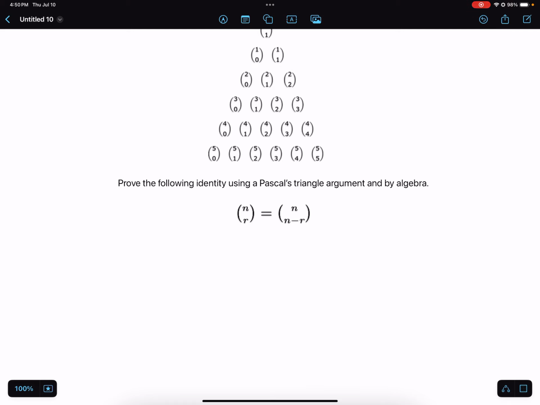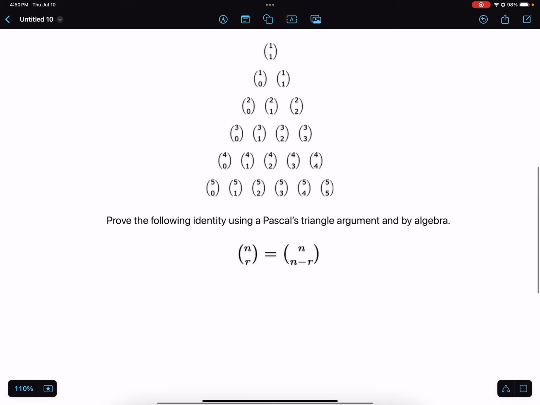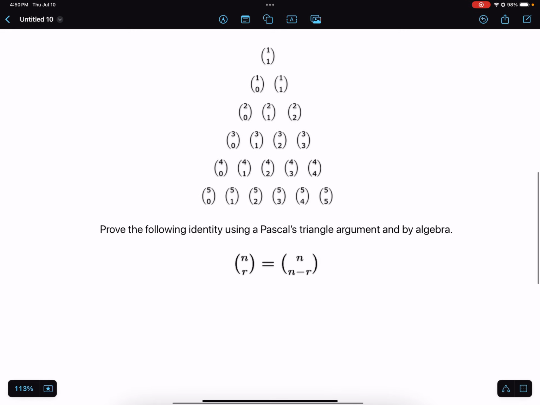Okay, so what we want to do here is prove this identity first using a Pascal's triangle argument. What this means is we're going to show that this identity is true using this triangle up here. Pascal's triangle is basically just a series of rows with increasing numbers of entries in each row, and all of them can be related to combinations.